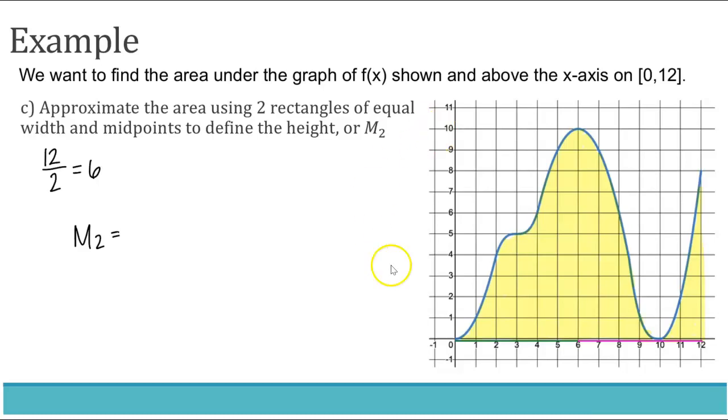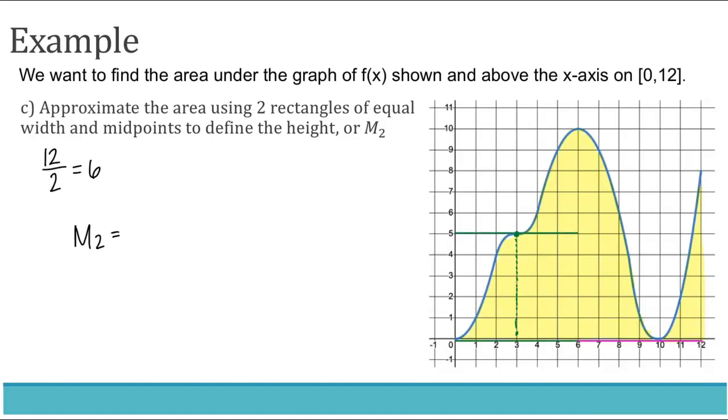Now over the first interval from 0 to 6, the midpoint value, halfway, is the x value 3. So at the x value 3, that's where I'm going to go up and find the height there, find the output of the function, which happens to be a y value of 5. So that's my height over the entire interval from 0 to 6.